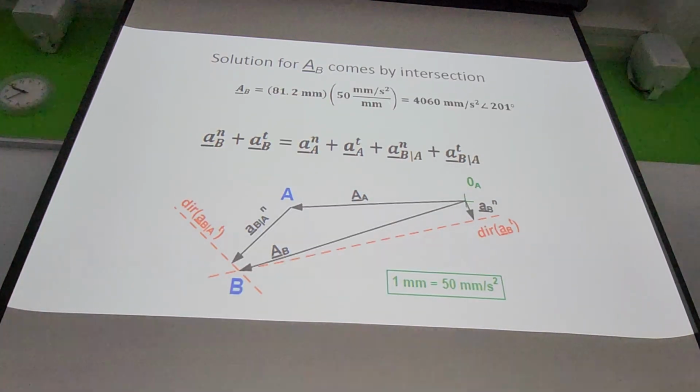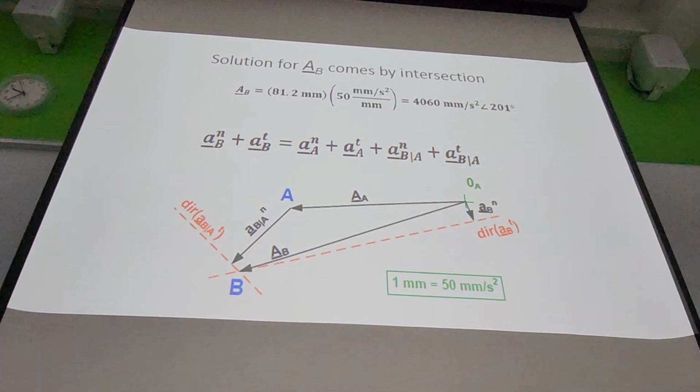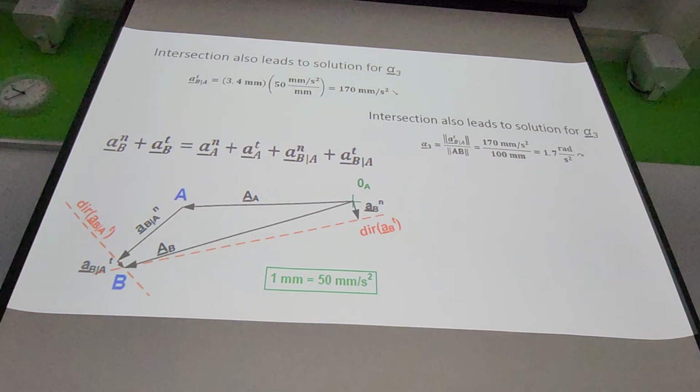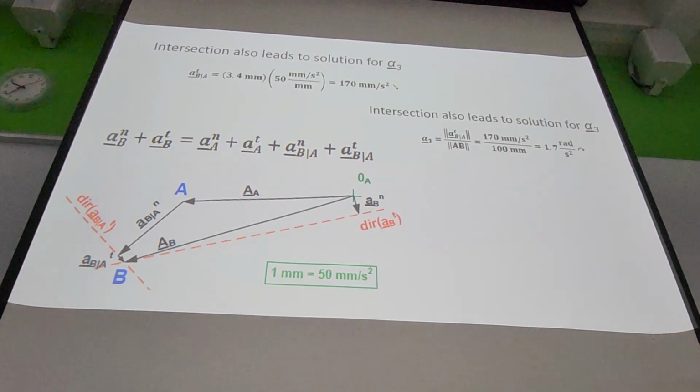So acceleration of B you measure, now you are closing this. That is the measured acceleration of B. Similarly, BA tangent, you can measure this much.